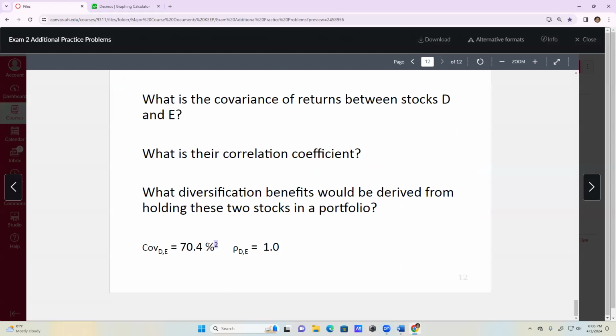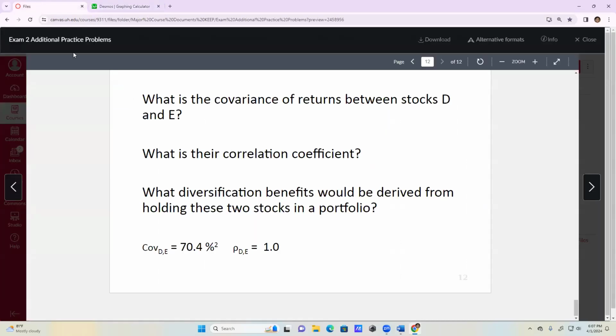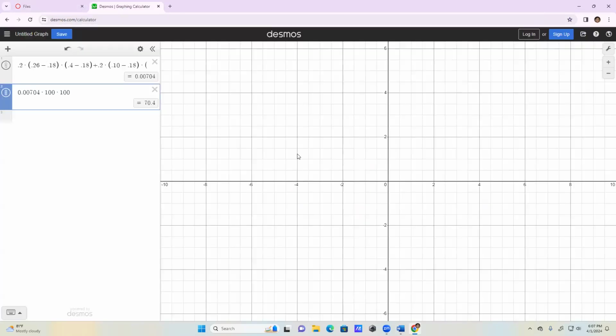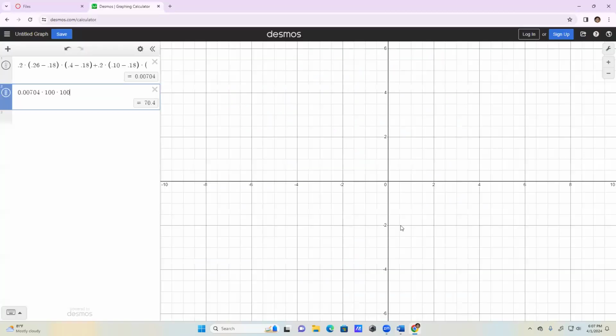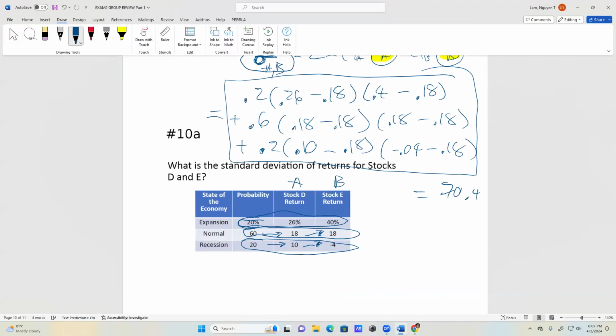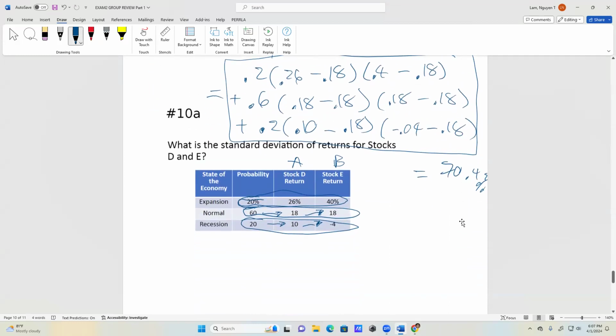However, this is a square, so you have to multiply by 100 again. So something to watch out for. Well, that's indeed 70.4% square, right?